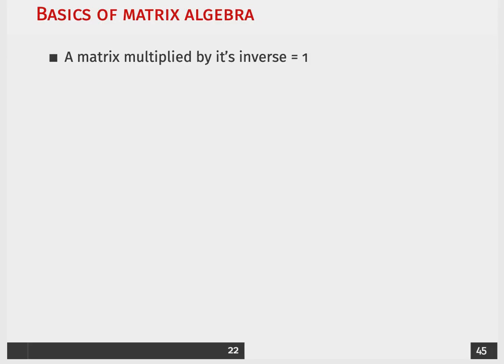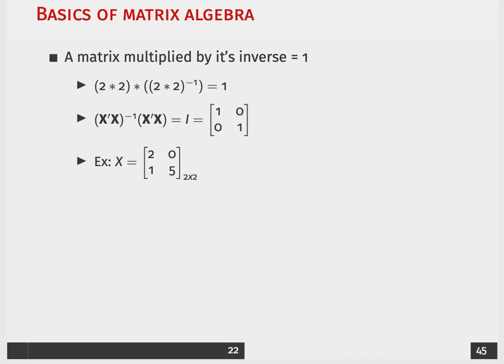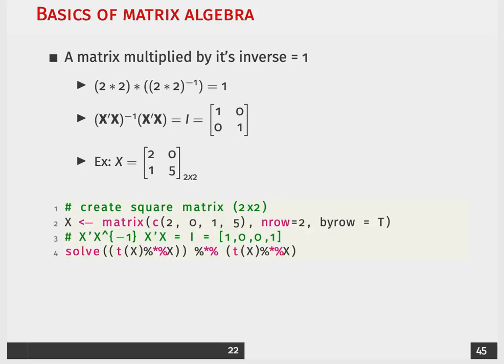Another really useful function that we'll make use of in a couple of slides is multiplying a matrix by its inverse so that we end up getting just 1. First, we need to find what an inverse is, and we can do that in R by using solve. An example that we'll use in a couple of minutes is taking the inverse of X transpose X and then multiplying that by X transpose X. This gives us an identity matrix, which is essentially just a matrix where we have ones along the diagonal and zeros along the off diagonals, right?